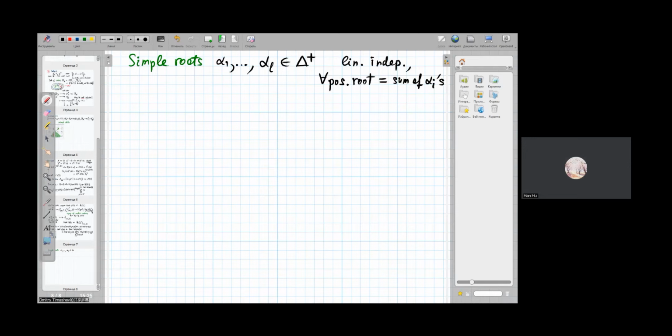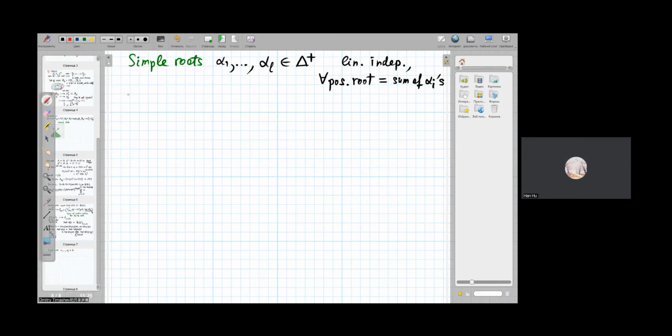So maybe let me give you a reference. There are, of course, many reference books discussing the structure theory of reductive and semi-simple algebraic groups or Lie algebras.